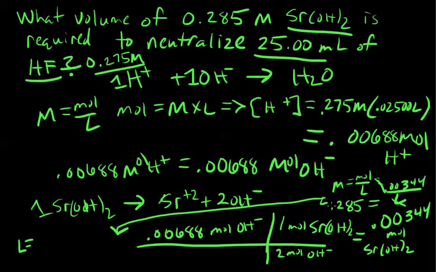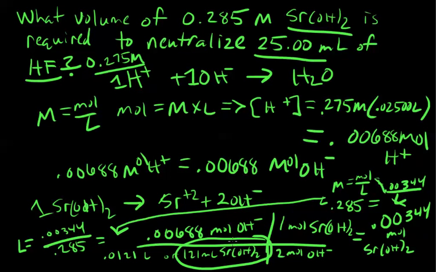Those cancel out. So you're left with liters is 0.00344 divided by 0.285 equals 0.0121 liters. So it's really 121 milliliters of strontium hydroxide solution.